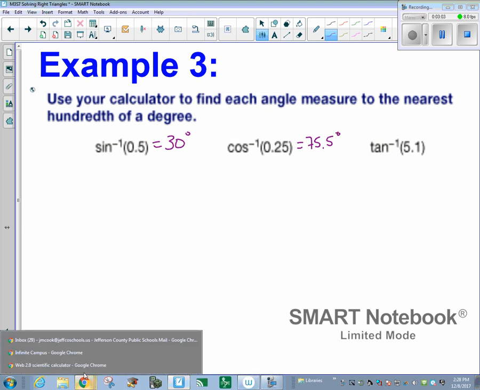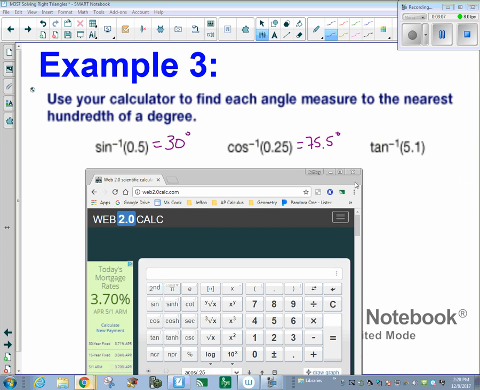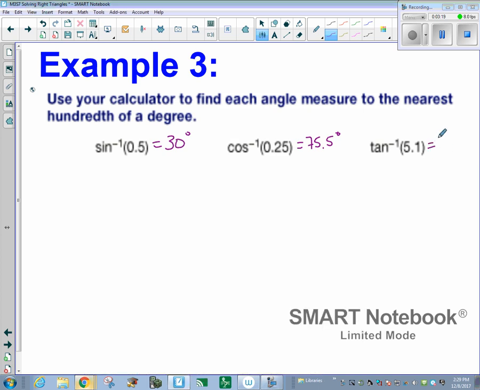And then the last one is arctangent, so second tangent, arctangent of 5.1. Hit enter. That is telling me that it is 78.9 degrees. We need to be able to find these on a calculator because we need at least 1/10 of these, so make sure you guys are bringing your calculators.